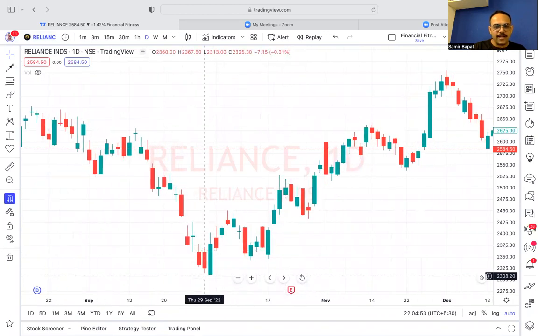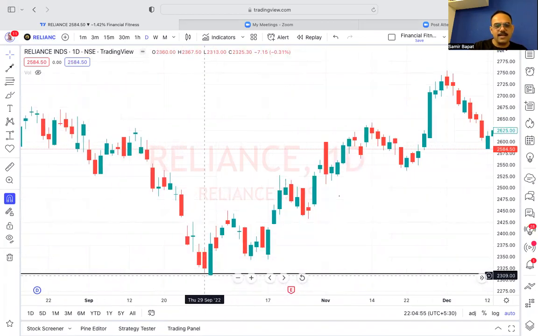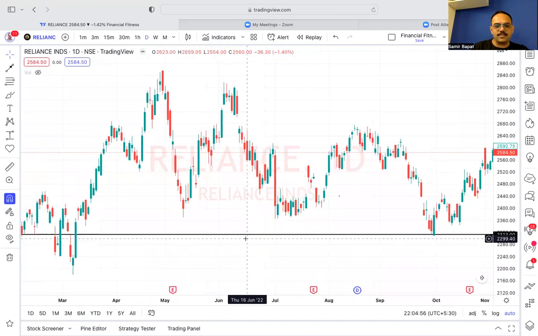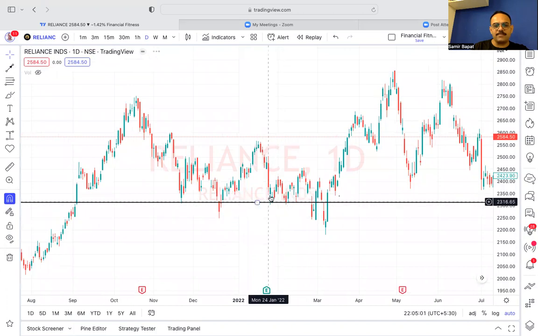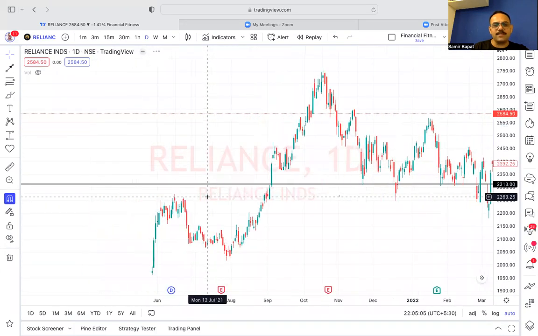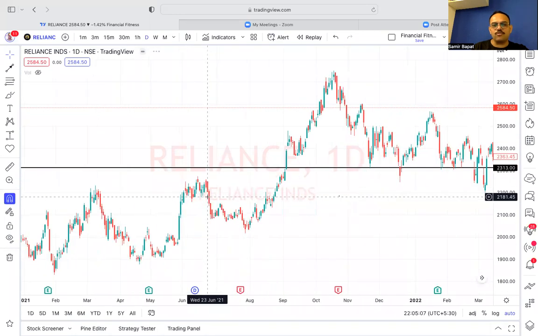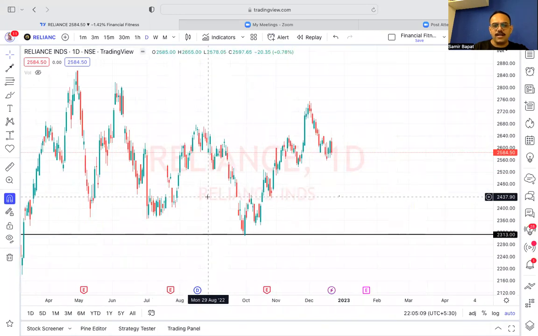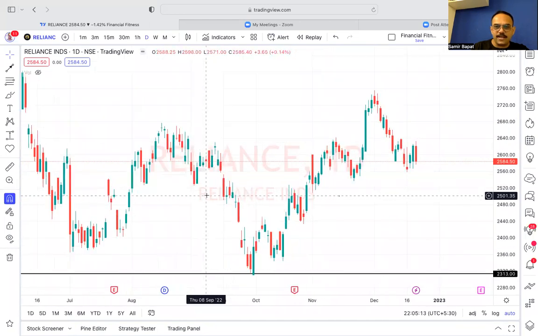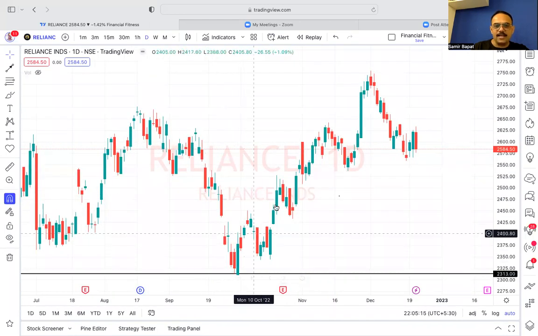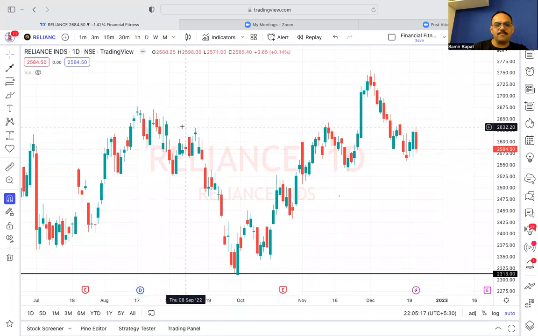We will draw a line and see if it was at traditional support resistance levels. Yes, this is a demand supply zone. See, many times it has bounced from here. So this is a previously established demand supply zone. Yes, very good. You have a bullish engulfing here, and then we take a trade till the previous top.